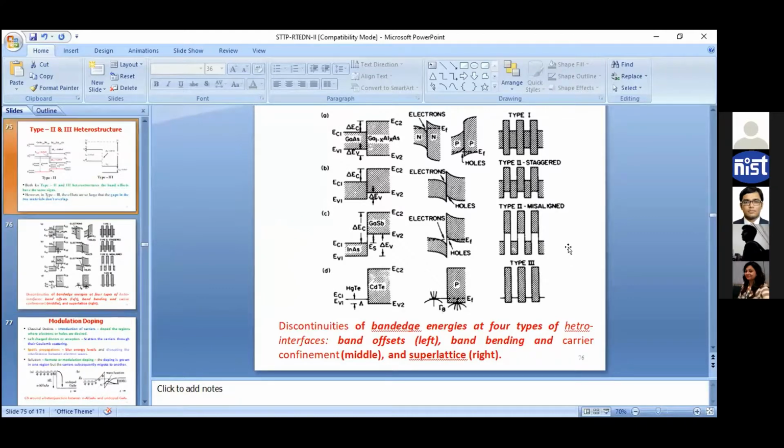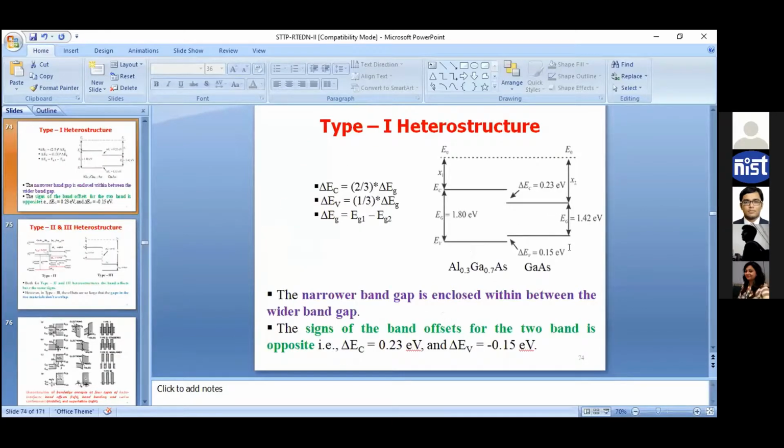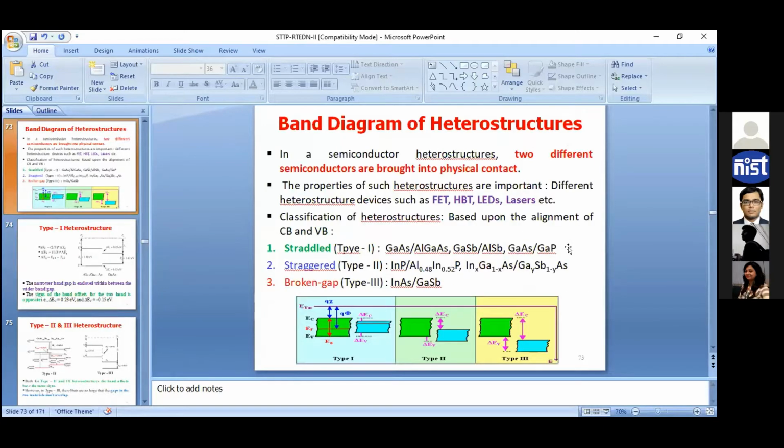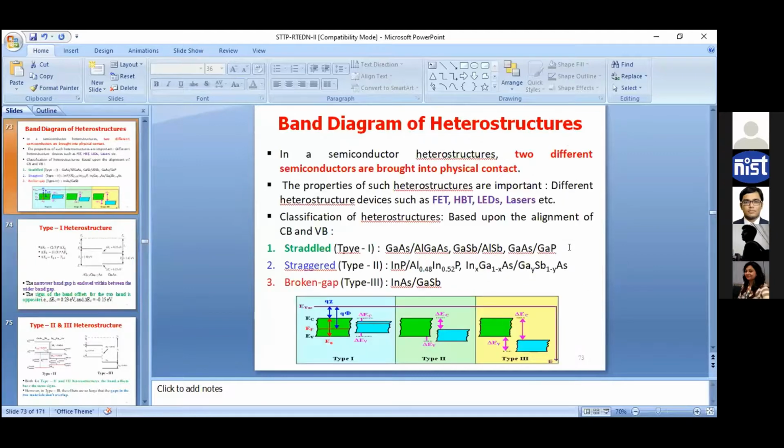Slide 75. Yes, this one. No, just before that, sir. Yes, 73, I think. Yes, this one, sir.